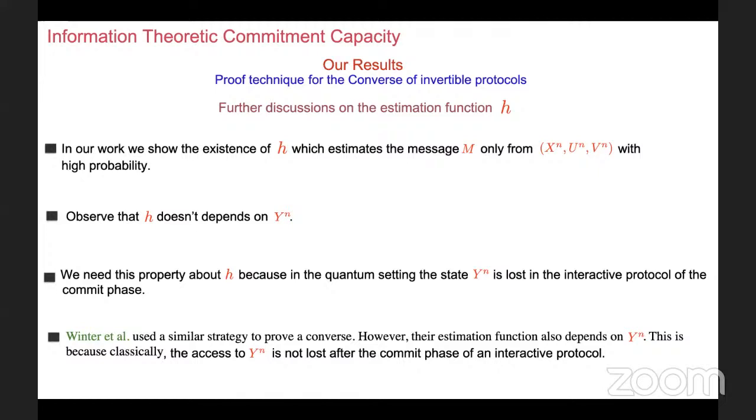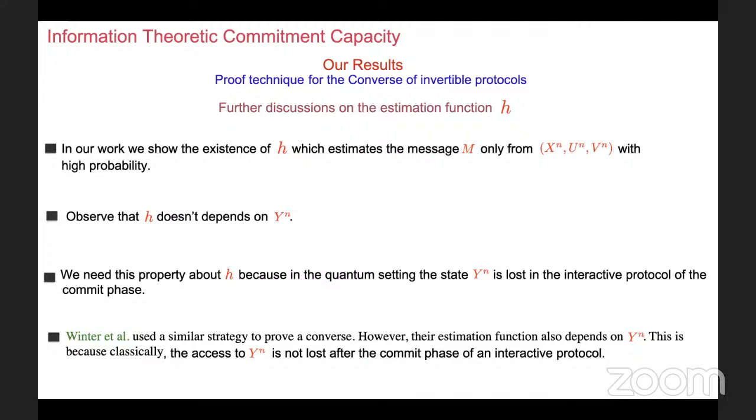Actually, Winter et al. also used a similar strategy to prove a converse, but their estimation function depends on yn, and they could do it because in the classical case, even after all the communication, you still have yn, because classically the state doesn't change whether it's before or after the measurement.